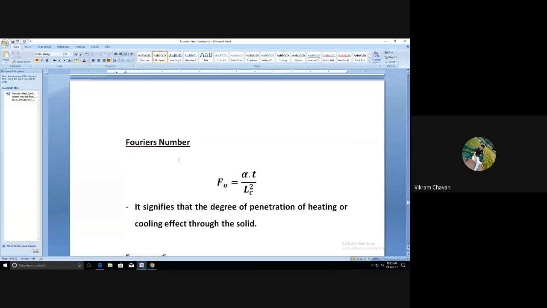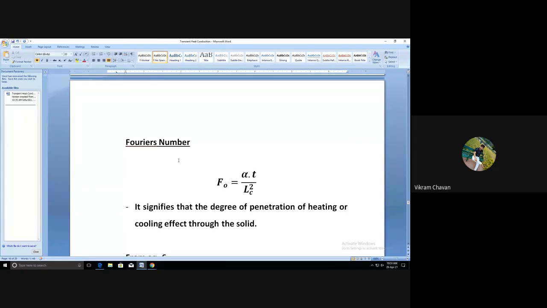It signifies that the degree of penetration of heating or cooling effect through the solid.